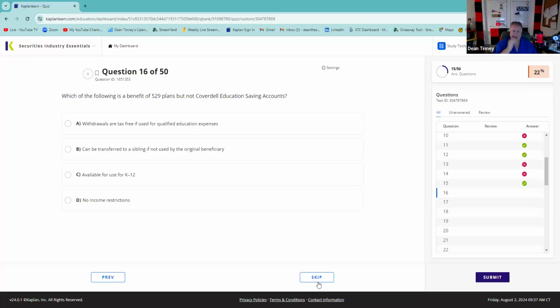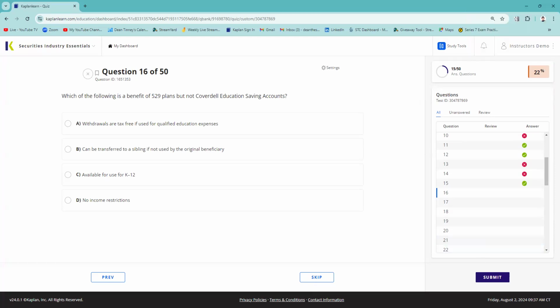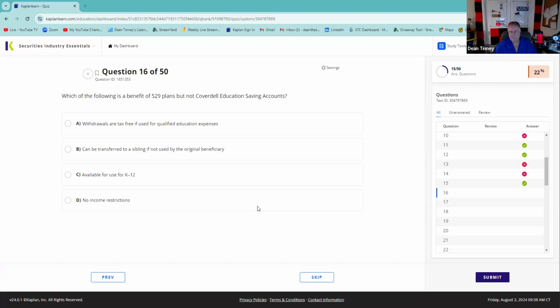Which of the following is a benefit of a 529 plan, but not a Coverdell Education Savings Account? Coverdell, again, is basically an IRA for college.